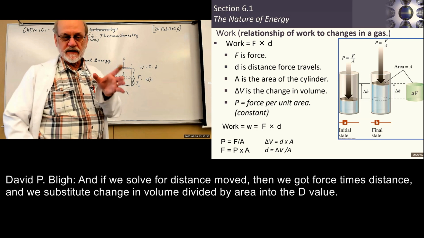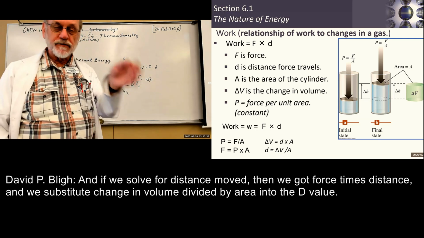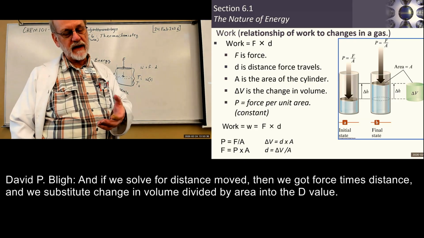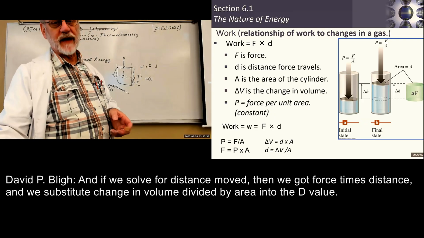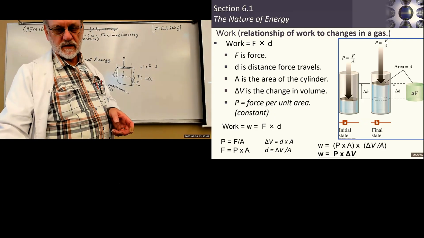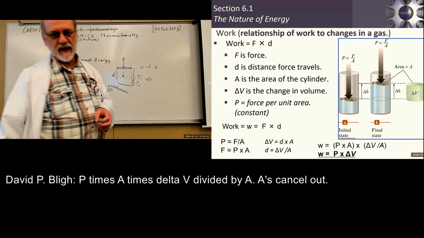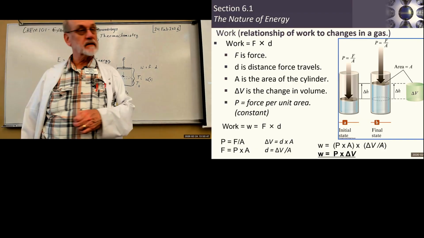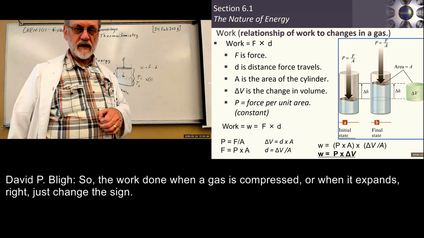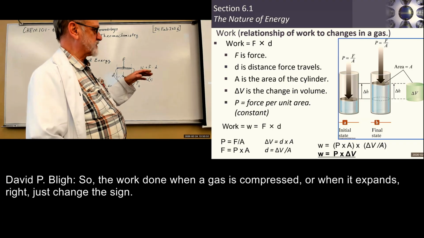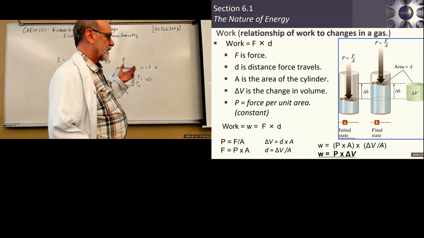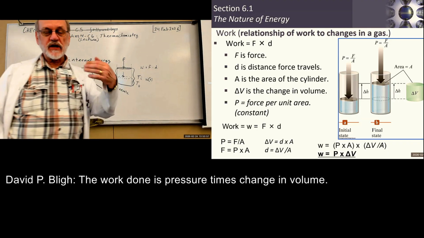If we solve for distance moved, then we have force times distance, and we substitute change in volume divided by area into the D value. So this is what it looks like: P times A times delta V divided by A. The A's cancel out. So the work done when a gas is compressed or when it expands, just change the sign, the work done is pressure times change in volume.